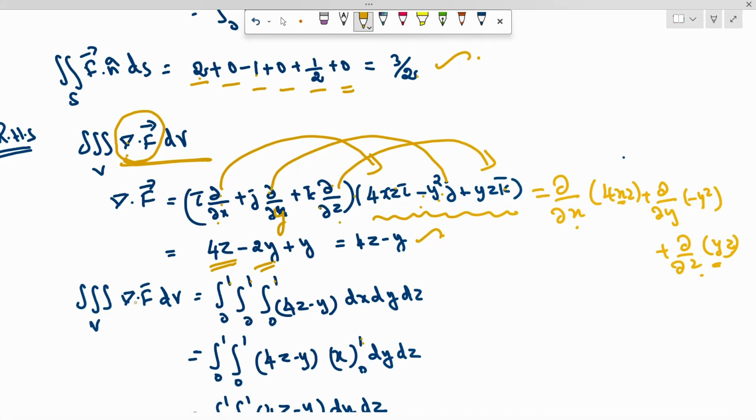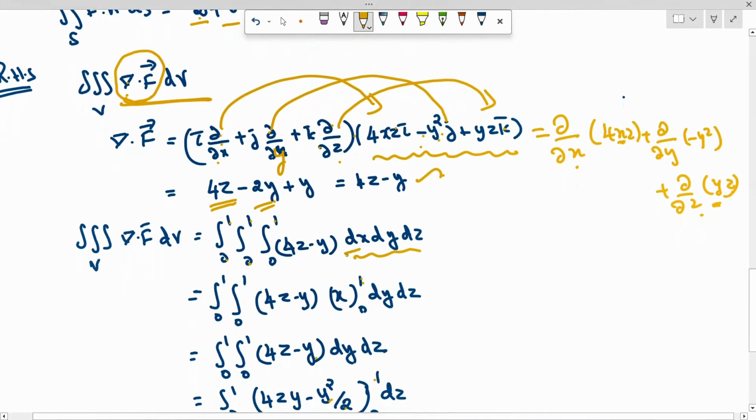Triple integral over v del dot f vector dv equal to, we can write integral 0 to 1, 0 to 1, 0 to 1. All the values will be same. X varies from 0 to 1, Y varies from 0 to 1, Z also varies from 0 to 1. You no need to check the limit. Okay, del dot f is 4z minus y into dv. dv will be dx, dy, dz.